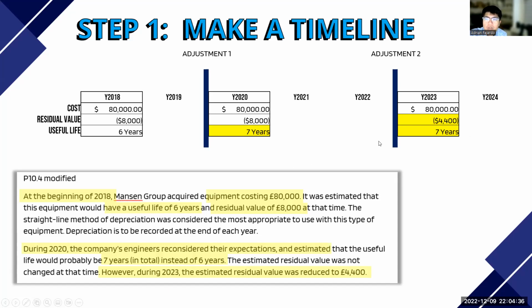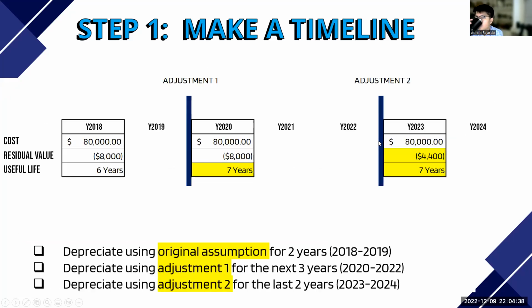Right? So now that we have the timeline, it makes our strategy clear. May 3 parts, may 3 chunks. 2018 to 2019, we have to depreciate using the original assumption. 2020 to 2022, itong 3 years, we have to use adjustment 1.